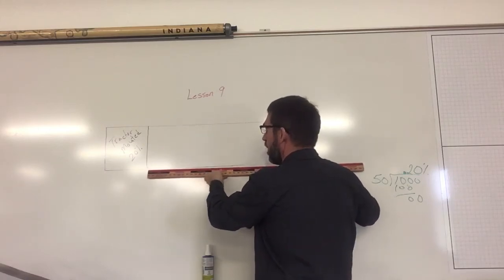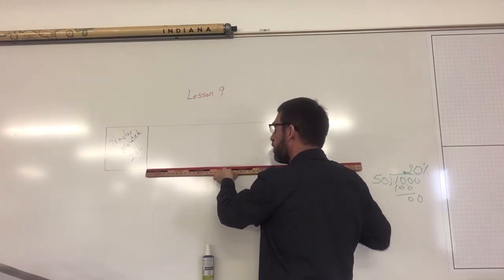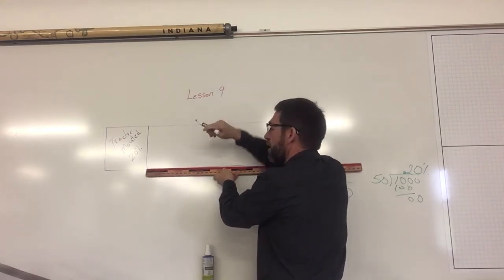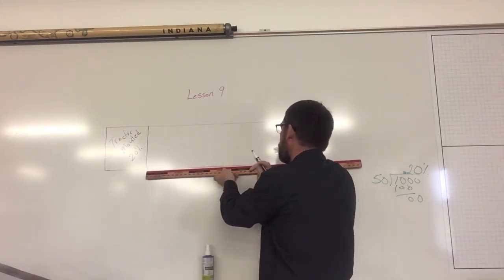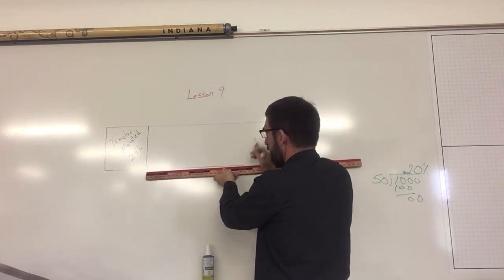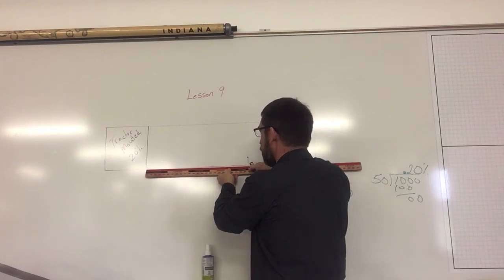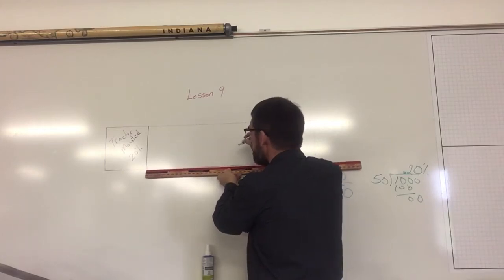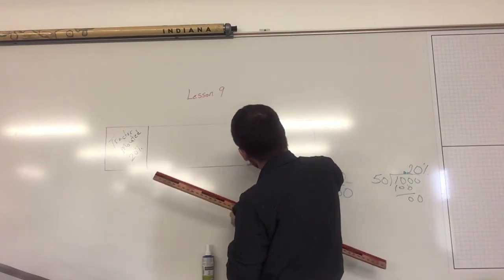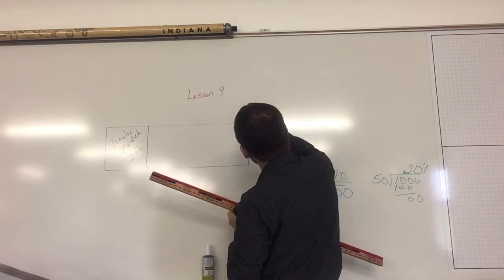I know it's got a glare, but now you're going to go 46%, so it's going to be 46 millimeters. It's going to be 4.5, or basically 4.5 centimeters, or 4.6. So if you do that, it's going to put it right here. So I draw a line straight up to there.